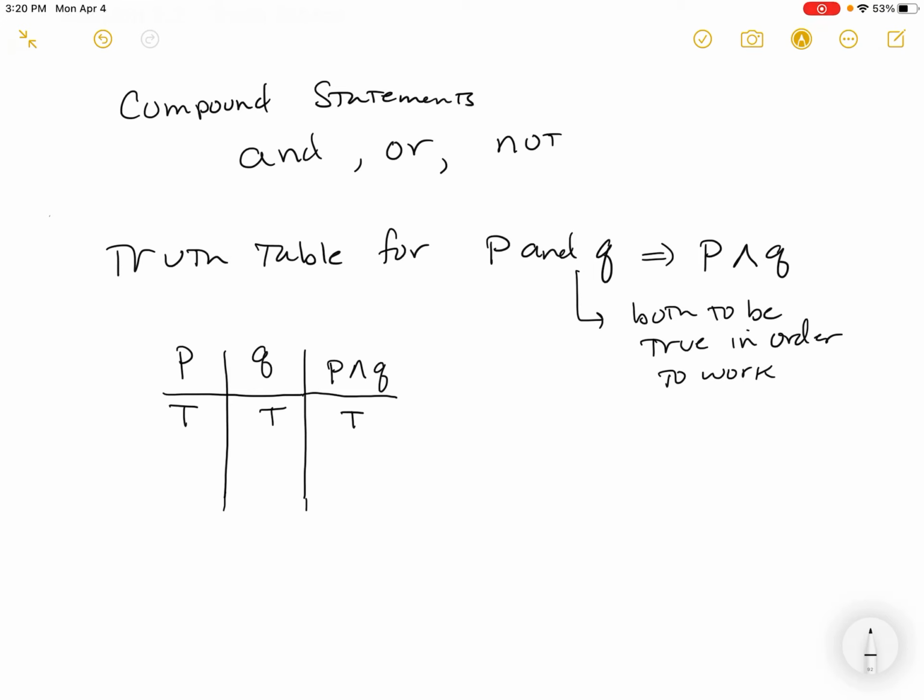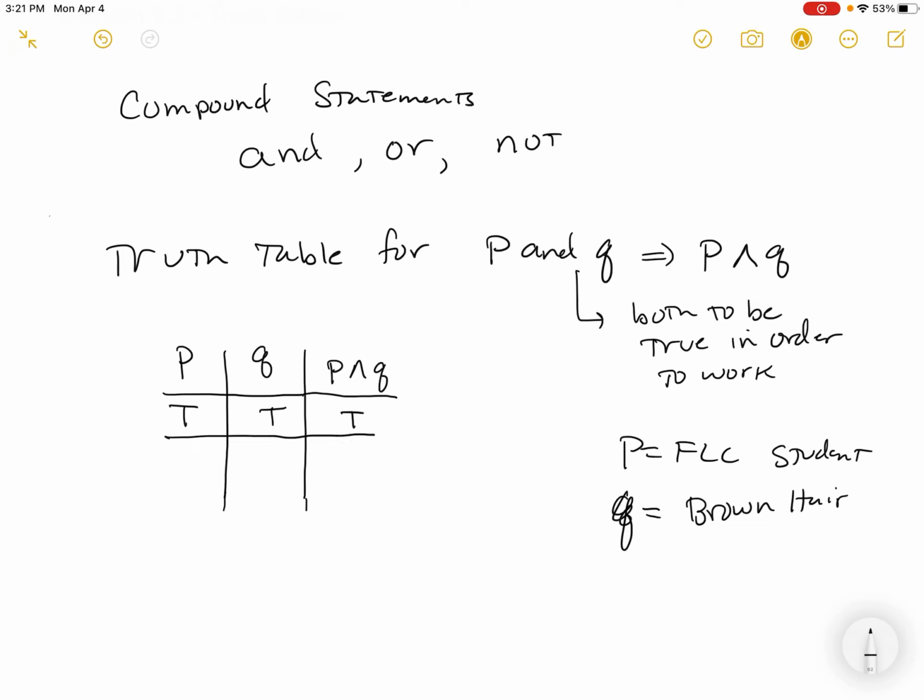So if I let P be my FLC student and Q be brown hair. If I go out and I find somebody who, true, they are an FLC student, and true, they have brown hair, then P and Q would also be true.